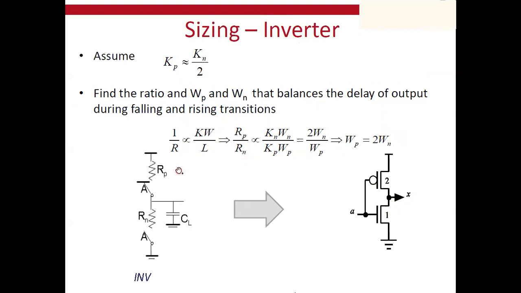In this case, you can compensate the difference between the hole mobility and the electron mobility of your devices, which is again part of the nature of the silicon material, which you cannot change.